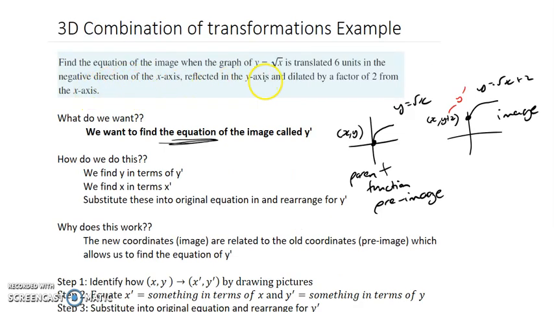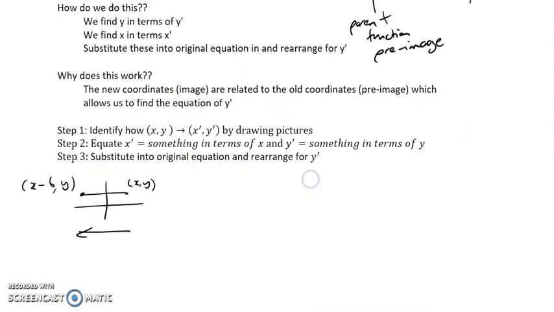Then it's reflected in the y-axis. So the y-axis is acting like a mirror. Okay, so the y-axis is a mirror. That point gets reflected. Okay, so where would the image be if the y-axis is a mirror? Might make it a little bit easier if I make this here. Okay, so this point here is x minus 6, y. If we reflect in the y-axis, then that point is reflected about there.